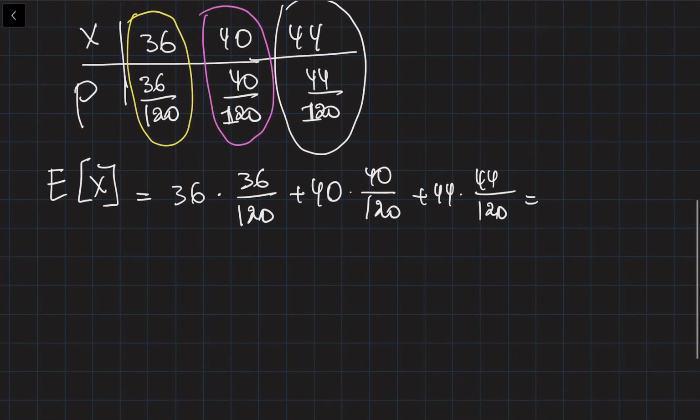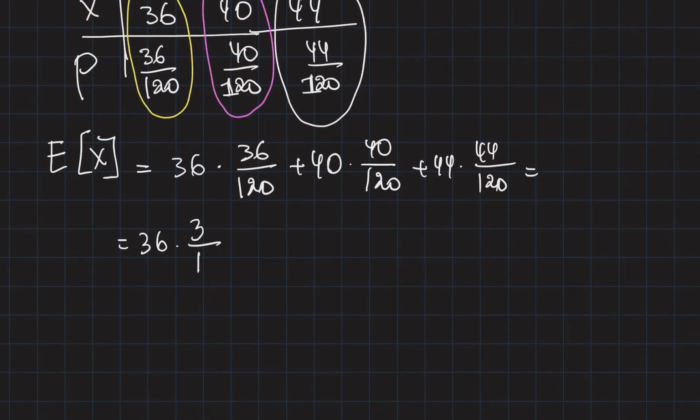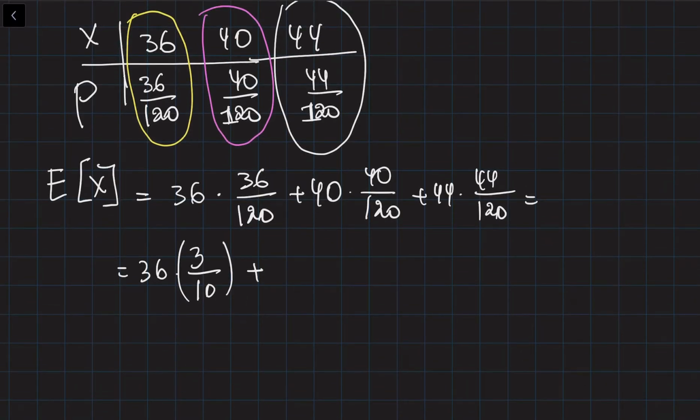If we do the calculations, it's going to be 36 times 36 over 120, and we can divide by 12, right? It's going to be 3 over 10, plus 40 times 1 over 3, plus 44 times 11 over 30, if we divide everything by 4.